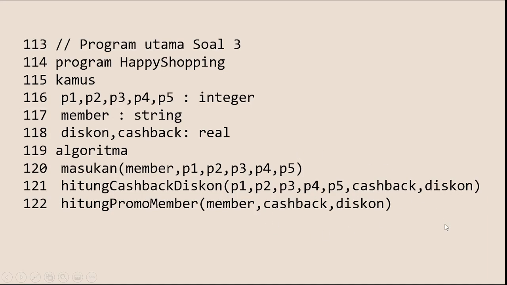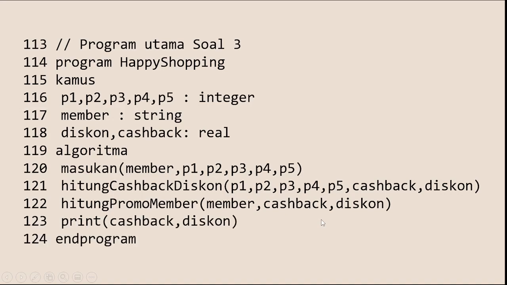If it's a member, then it will get an additional 15% of cashback and discount, and if it's not, then the cashback and discount will remain the same. And then after that we just print the cashback and discount of the customer. That's it.